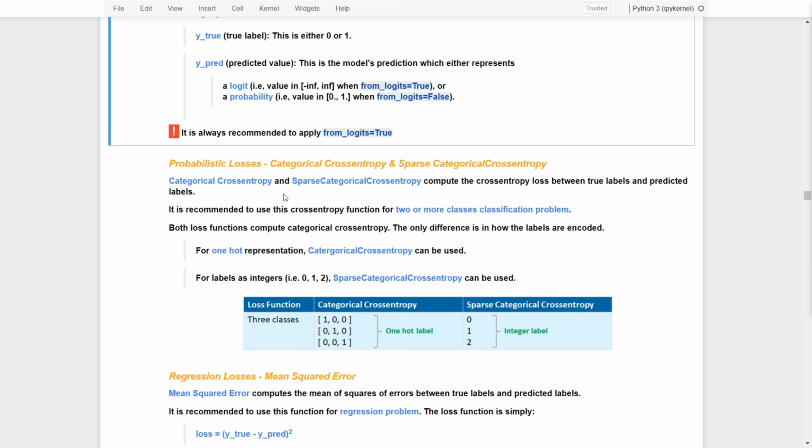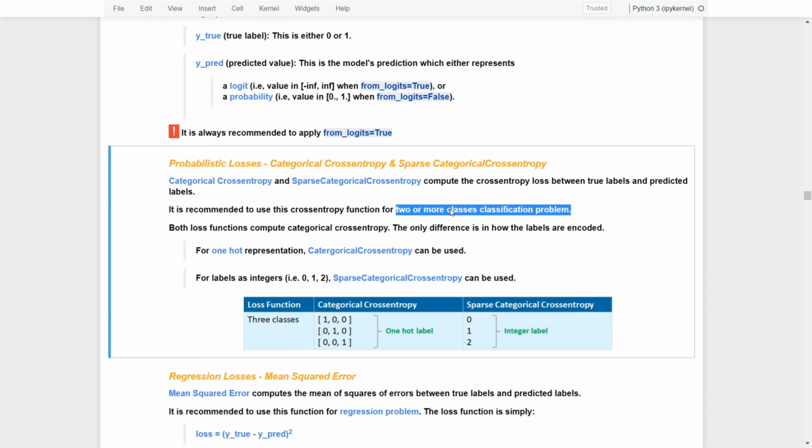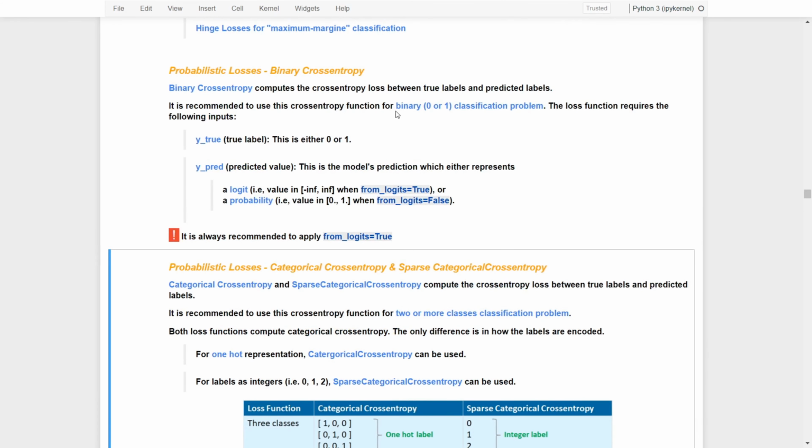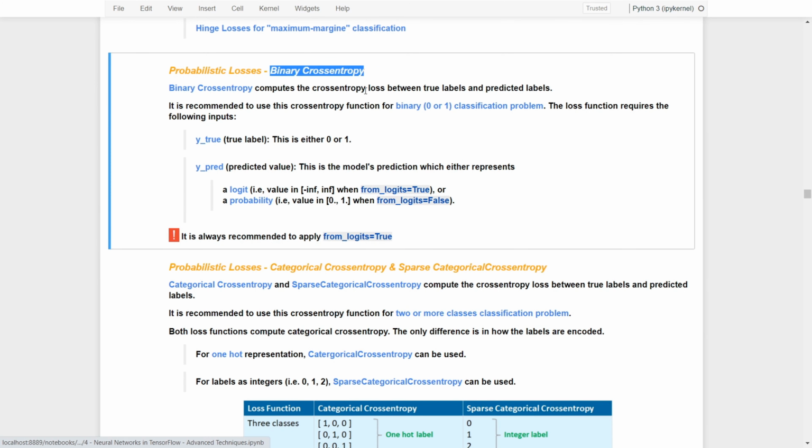And it depends on how the labels are encoded in order for us to use these two types of cross entropy. It is recommended to use these cross entropy functions for 2 or more class classification problems. In the first case, if we just have a binary classification problem, then we use the binary cross entropy.